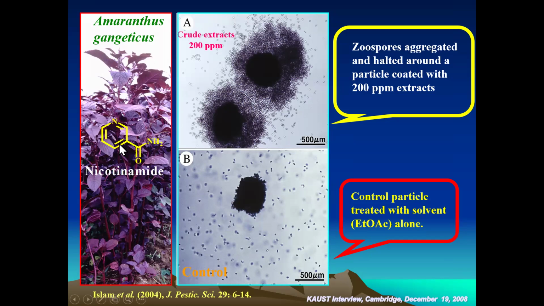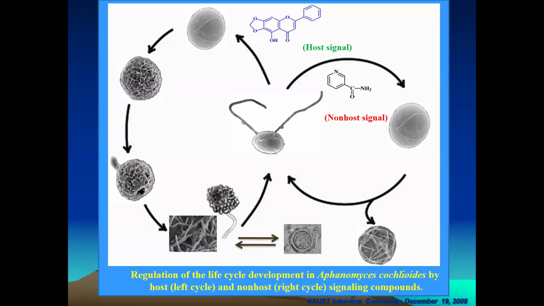So this is another signaling molecule which is against motility. And this molecule is a very interesting natural molecule, nicotinamide, vitamin B3. So it is not toxic at all, but you can stop the motility of zoospores and protect the plant from the attack of the damping off pathogen.